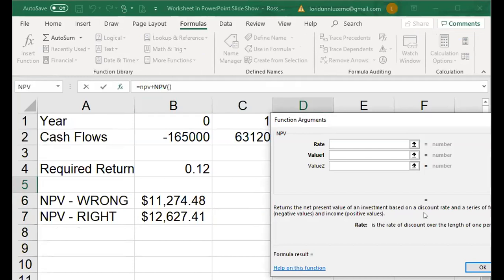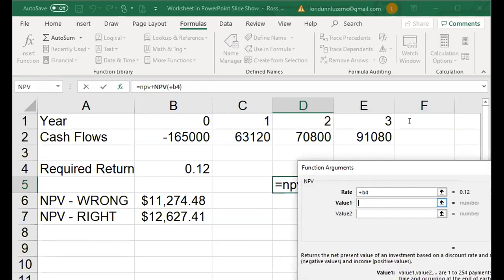And there's your dialog box. So the rate was the first item that was being cited, B4. The next says returns net present value. Value 1, 2, and 3 are the payments and income equally spaced in time and occurring at the end of each period.